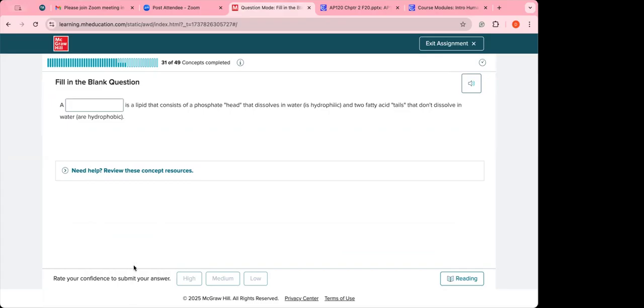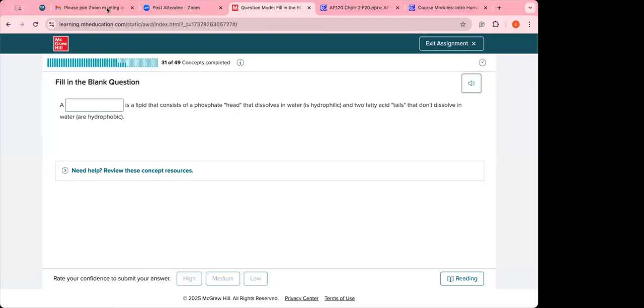Okay. What is the next thing? A blank is a lipid that consists of a phosphate head that dissolves in water and two fatty acid tails that don't dissolve. Okay, what was the word that we just used a few minutes ago?